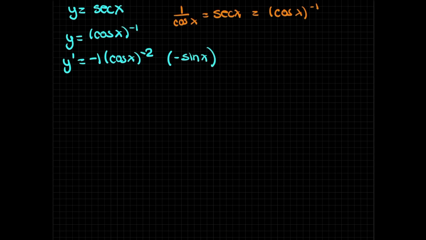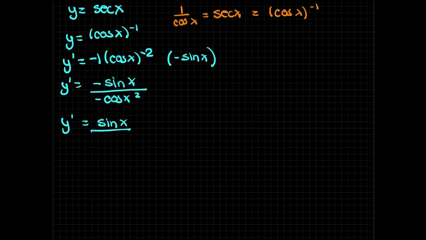So now we can simplify this. I'm going to rewrite this one back on the bottom. So we end up with negative sine x all over negative cos x squared. The negatives are going to cancel out, as you probably would expect. And so we end up with sine x over cos squared x.